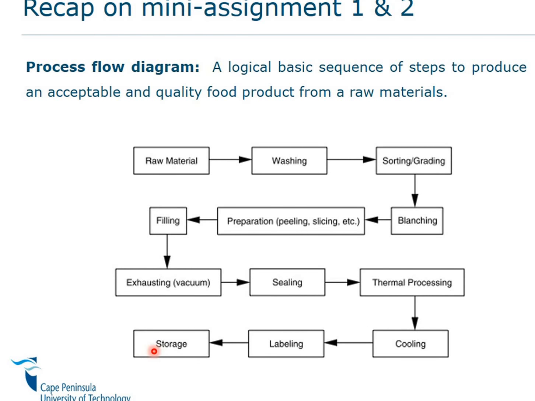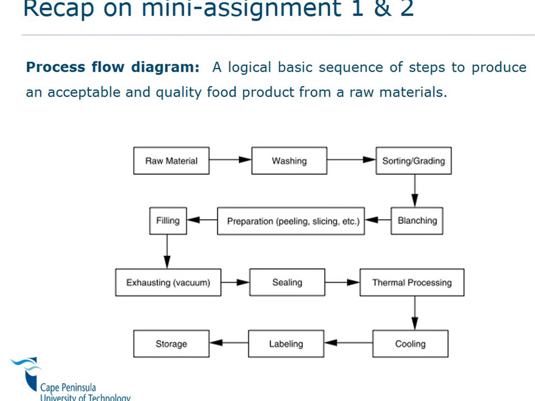While this flow diagram can give us an indication of how this raw material is processed, it presents some challenges or disadvantages for us. One, it does not tell us what raw material is being processed here.